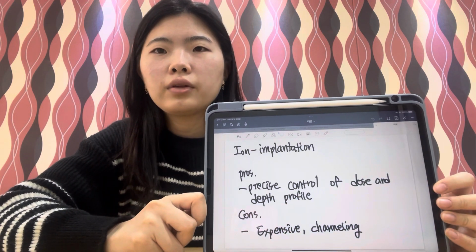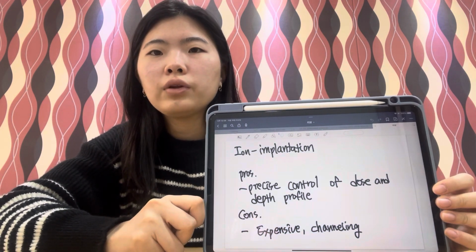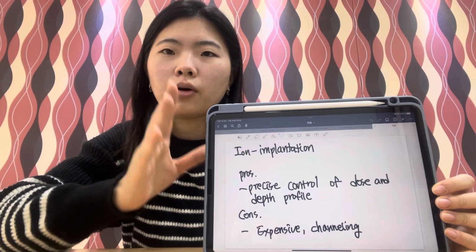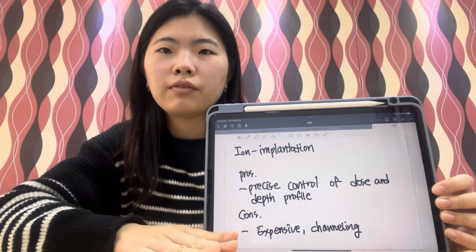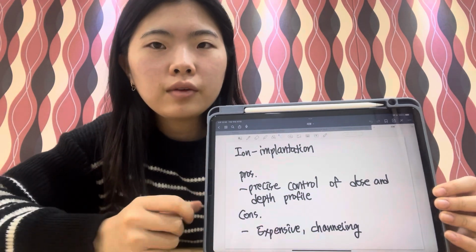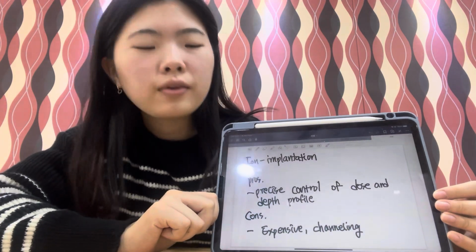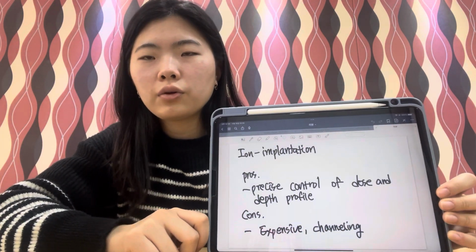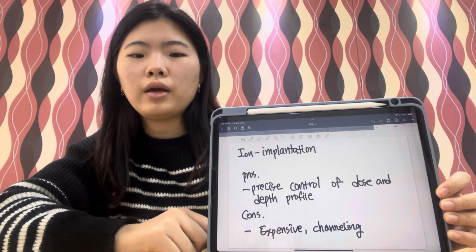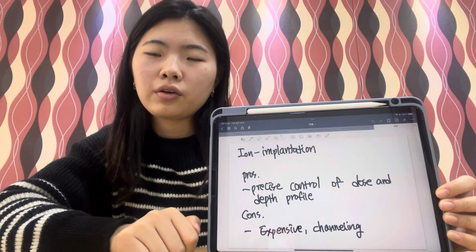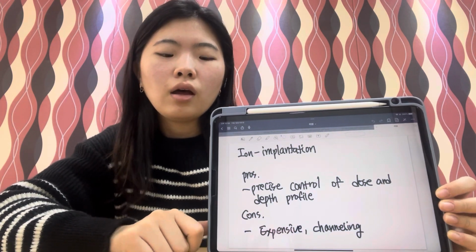So let's talk about ion implantation. Ion implantation has positive things and negative things. First is precise control. Precise control is very, very important to make a specific pattern and small pattern.